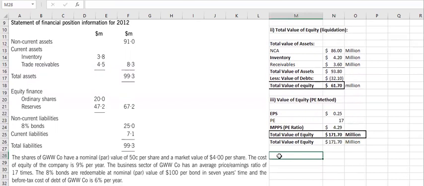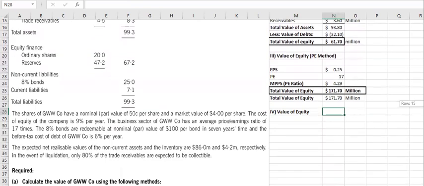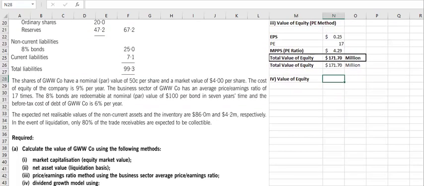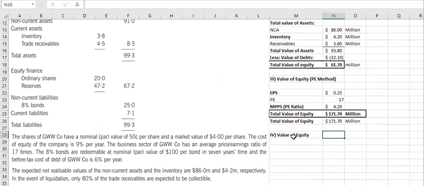Now, the last method for calculating the value of equity was, let me check which method that was. It was the dividend growth model. Now we have to use another theoretical model to find out the value of equity by using the dividend growth model. It's a theoretical model, and there are a few variables that we need to use to find out the market price per share using the dividend growth model.